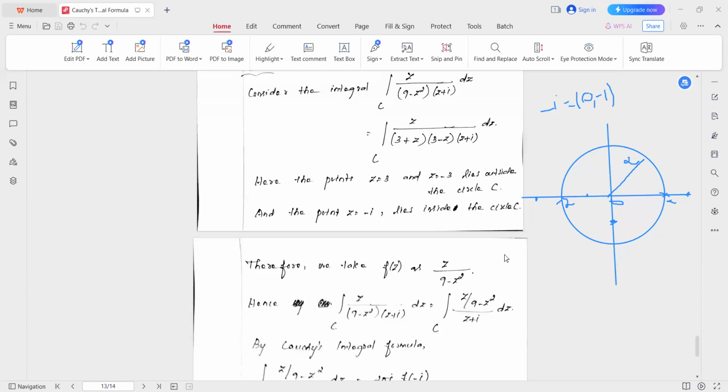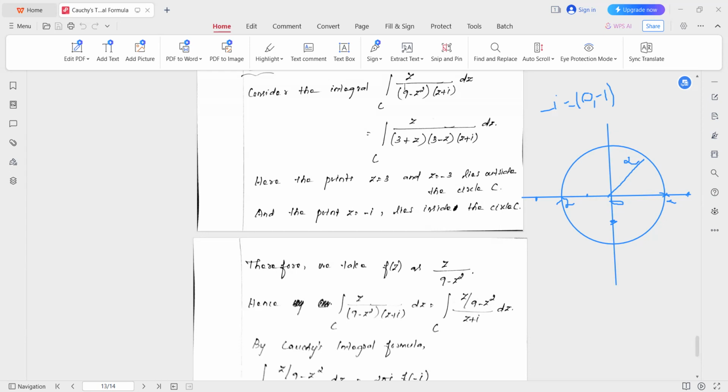If these kinds of sums are given in your exam, you have to check whether all these points lie inside the circle. If all the points lie inside the circle, definitely you have to do the partial fraction. If some of the points lie outside the curve, whichever points lie outside, you have to take those factors into the numerator part and change the given f of z into something else.